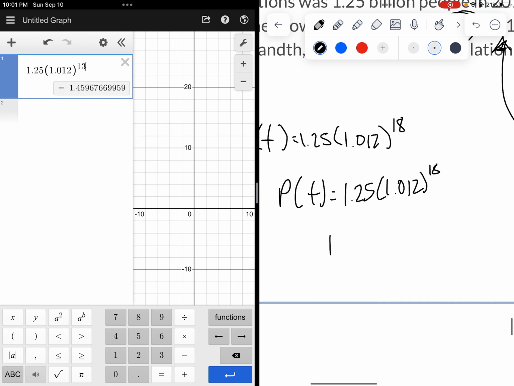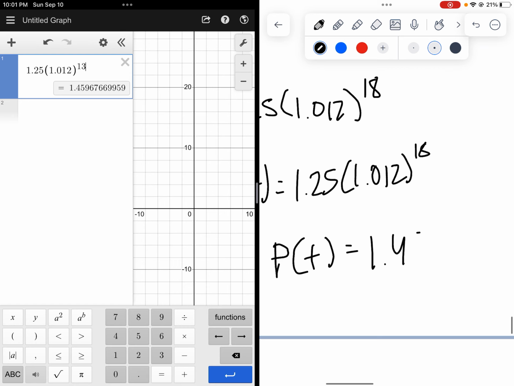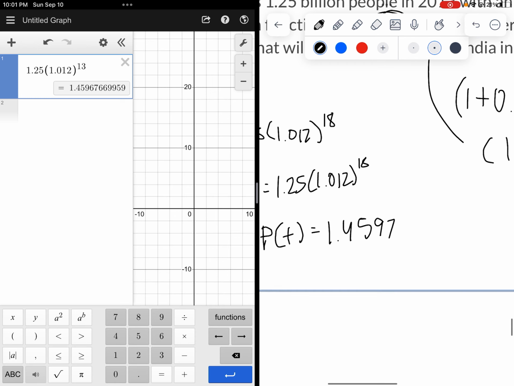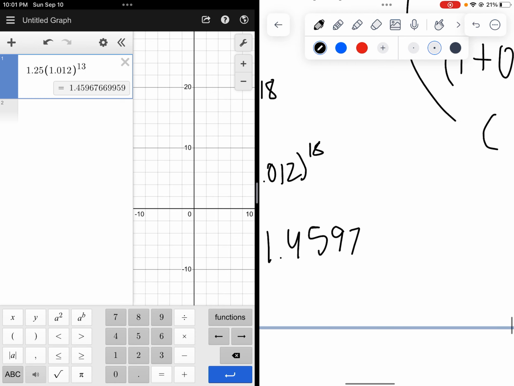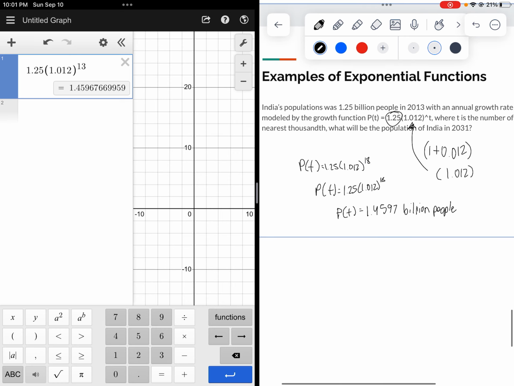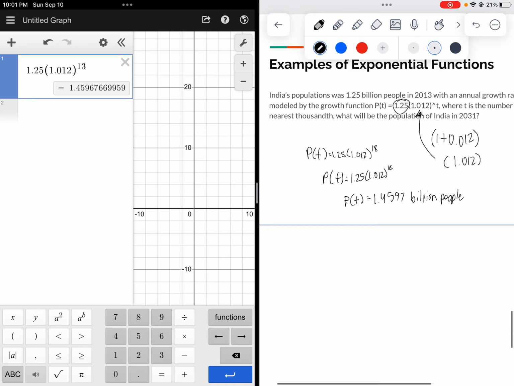And we would get the population, P(t), approximately 1.4597 billion people, compared to the number that we started with, 1.25 billion, so it did increase, and it increased exponentially as well.